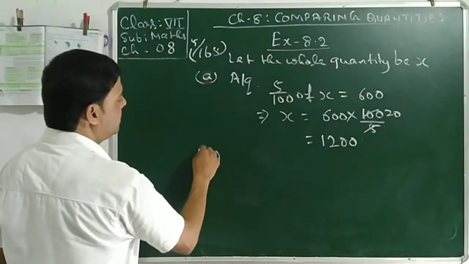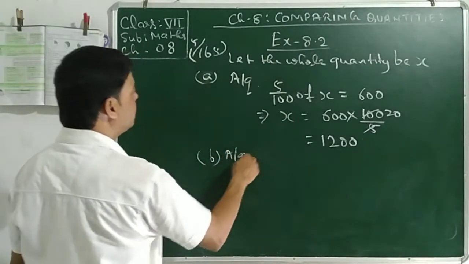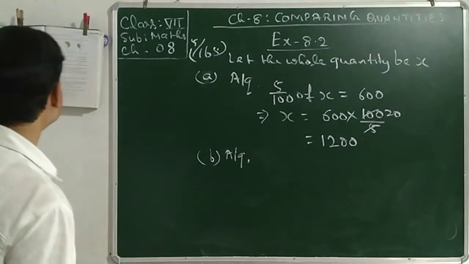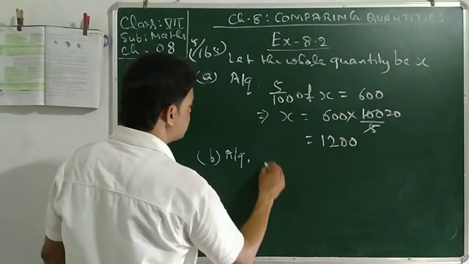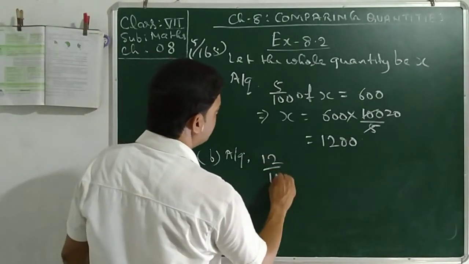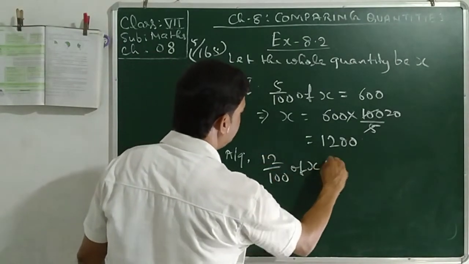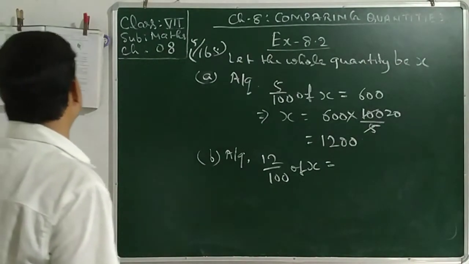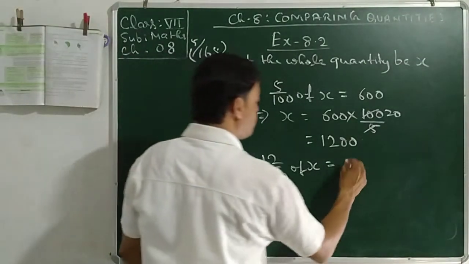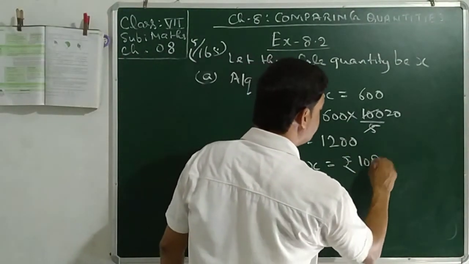Similarly, in the B number, according to the question, we can write 12% of x, 12/100 of x equals rupees 1080.